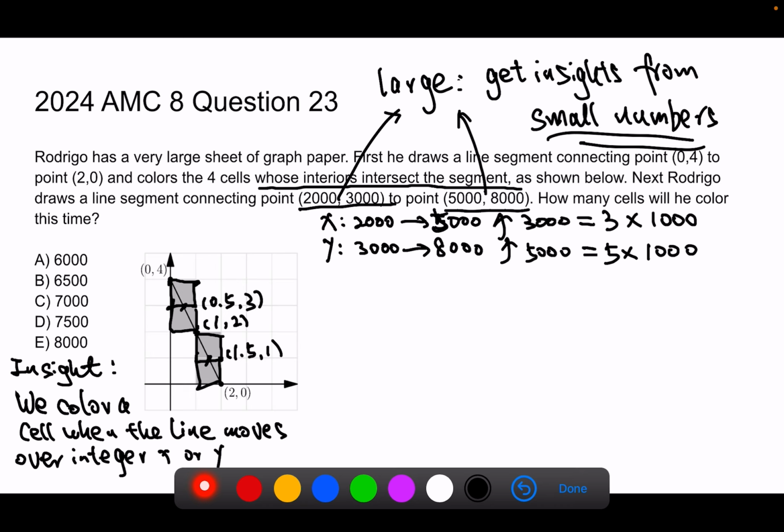Continue doing this 1,000 times. So 3 and 5 is going to give us some good insights. Let's take a look. Now we draw this picture out. So 1, 2, 3.